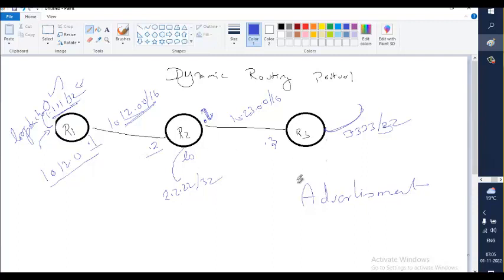Advertisements are called route updates. For our understanding, I said advertisement. Route updates are sent.